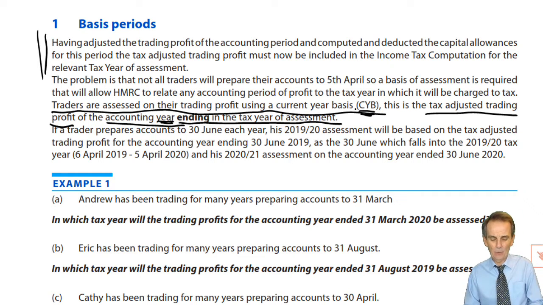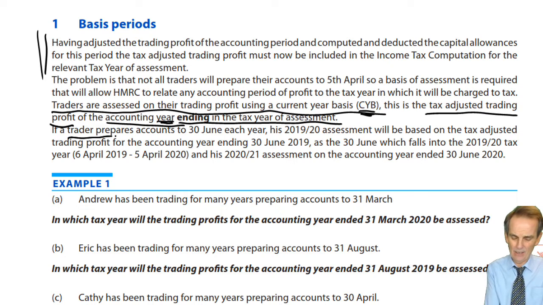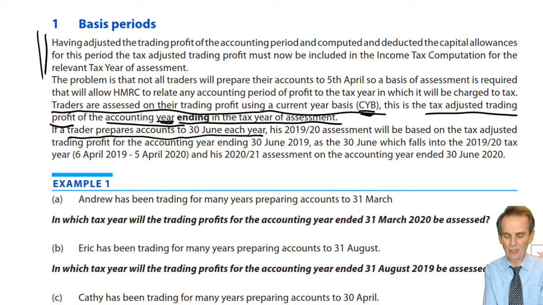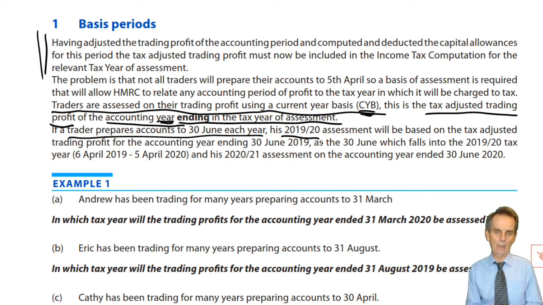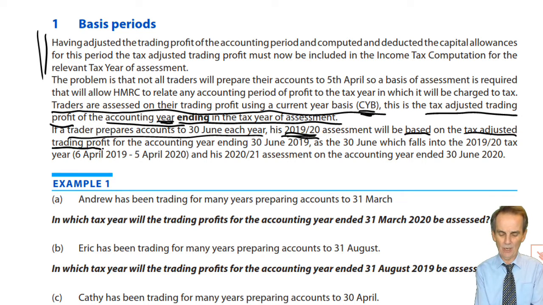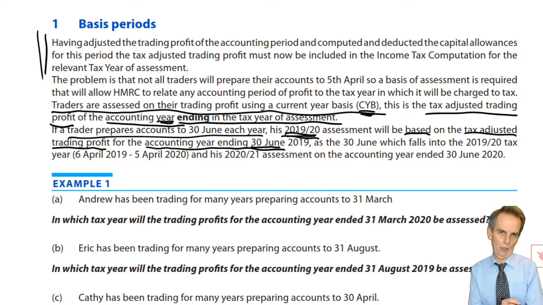So if, as we suggest here, a trader prepares accounts to the 30th of June in each year, and we are looking for which year ended the 30th of June will be assessed in our tax year of assessment, 1920, then the assessment will be based on the tax adjusted trading profit for the accounting year ending the 30th of June, which 30th of June ends in the 1920 tax year, i.e.